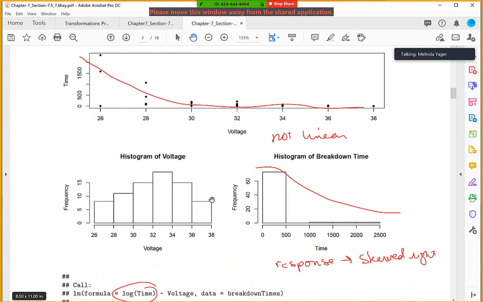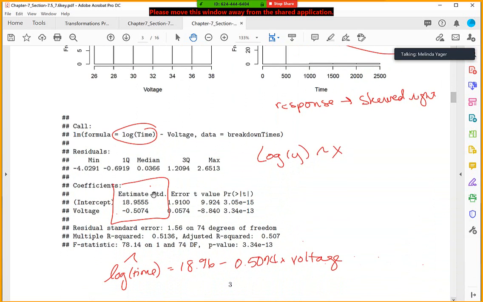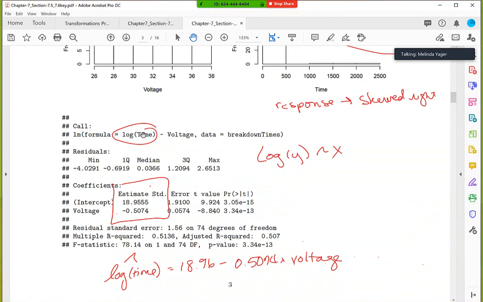Here voltage is fairly symmetric, but our response variable, breakdown time, is skewed to the right. One important thing to note is that when you create your R code, you just put in log of whichever variable you're taking the log of. Here we're looking at just the log of the response.